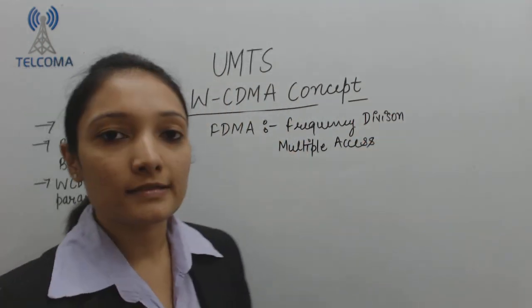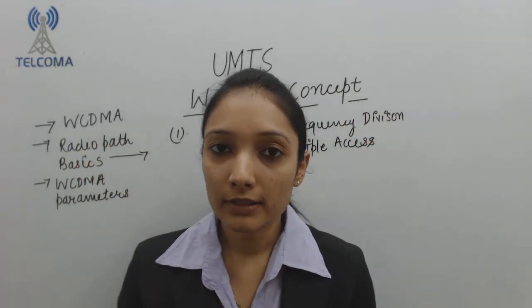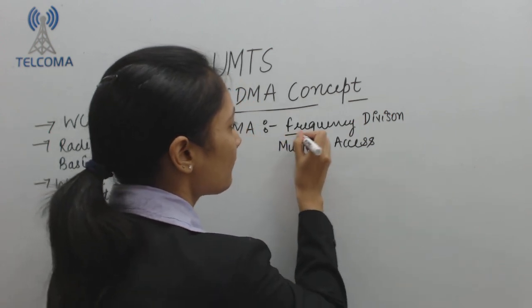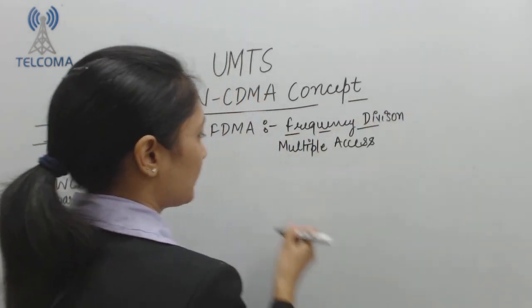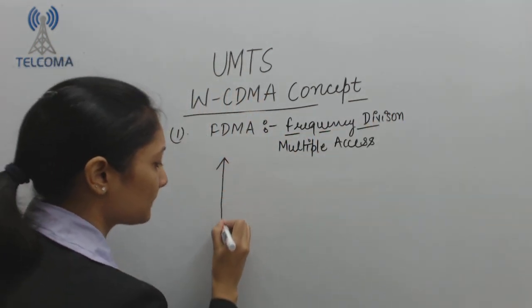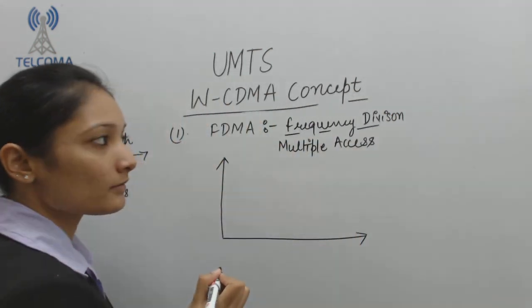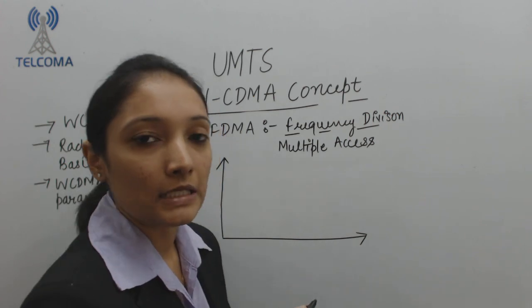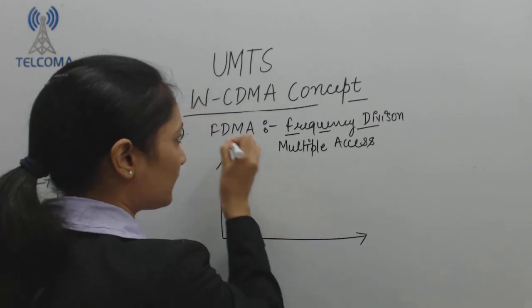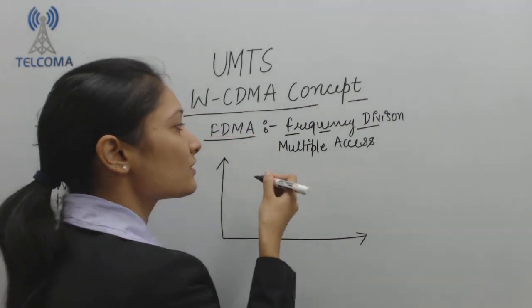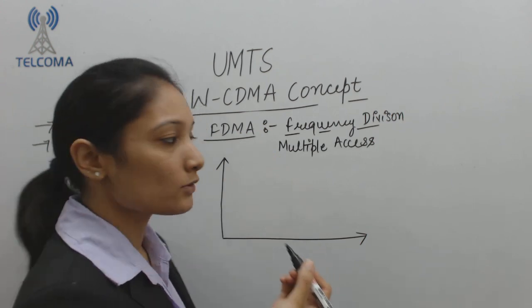Now this access technology is based on the concept of the division of frequency. That means this is the resource which is divided among the number of users in a particular network, that is, the network which is employing FDMA as an access technology.